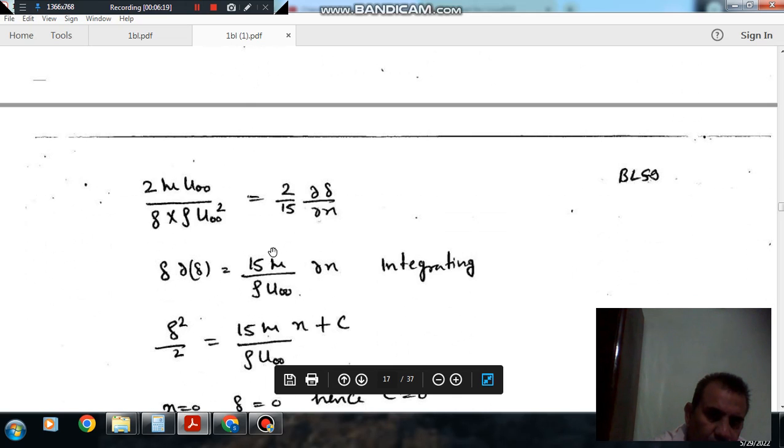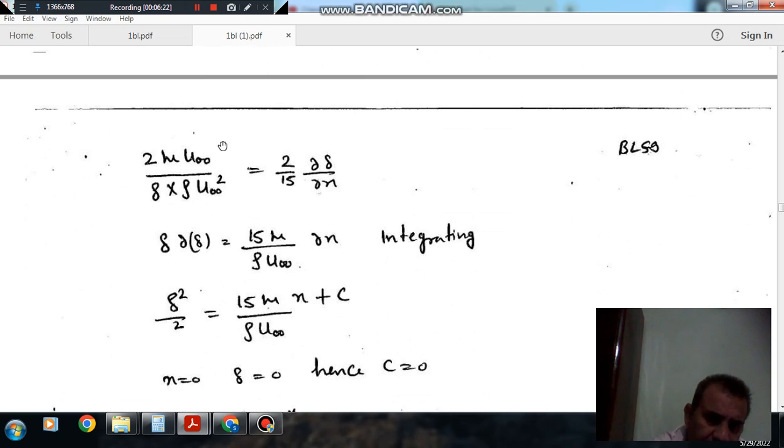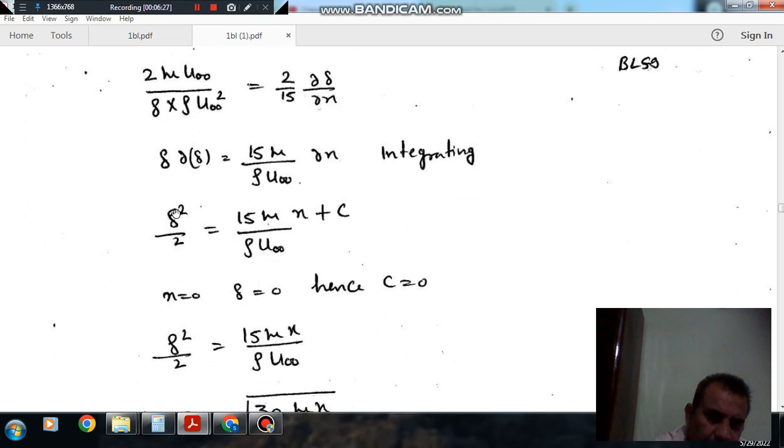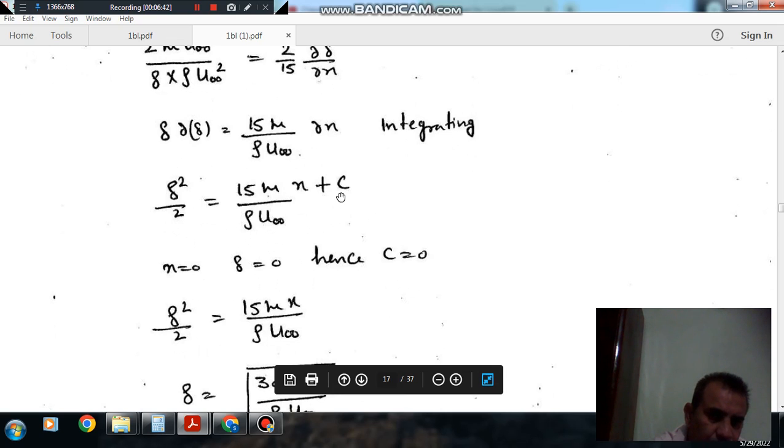So it will be delta, and now we can take this dx here and delta here, and integrating, it will be delta square by 2 equals 15 mu x by rho u infinity plus c. At the edge x is equal to 0, delta is equal to 0, and hence c is equal to 0.